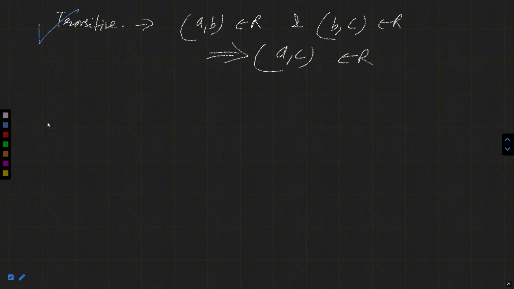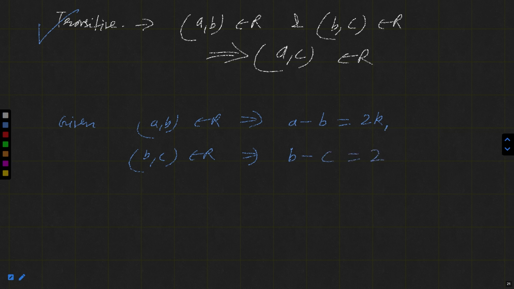So in order to show this, the given information is that (a, b) belongs to relation R and (b, c) belongs to relation R. From this I can say that a minus b is equal to 2k1, and b minus c is equal to 2k2, where k1 and k2 are some integers.